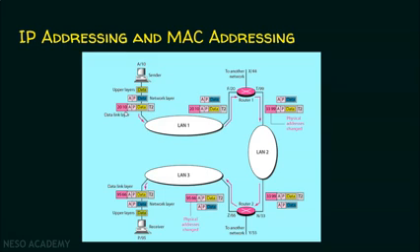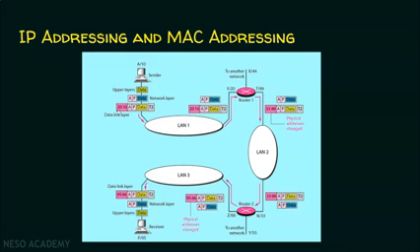In the header, it will add the source MAC address and the destination MAC address. We know this is the source MAC address, and this is the destination MAC address. But the destination MAC address of the receiver is not used here, because in networking we never try to communicate using MAC addresses.